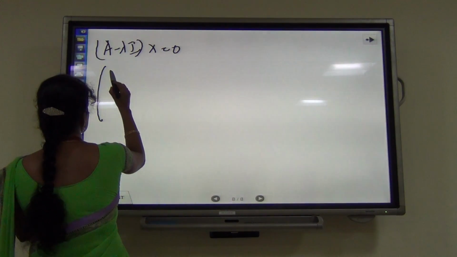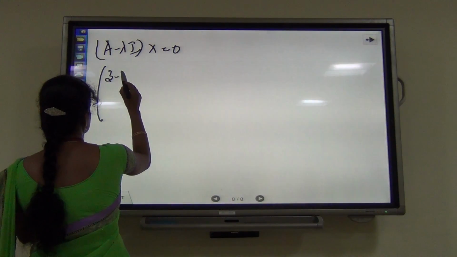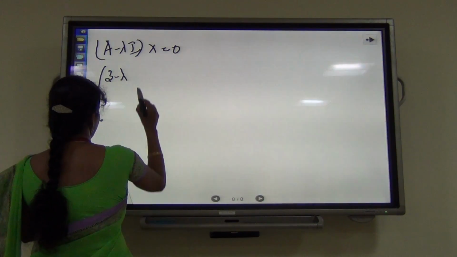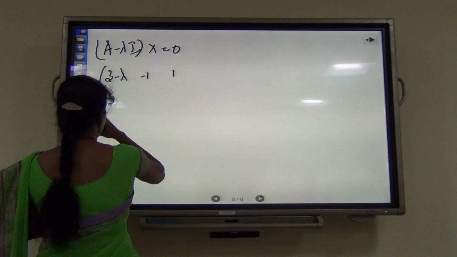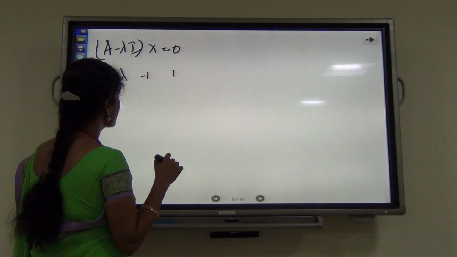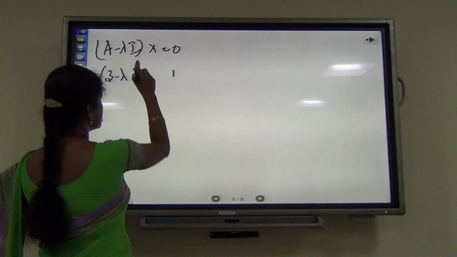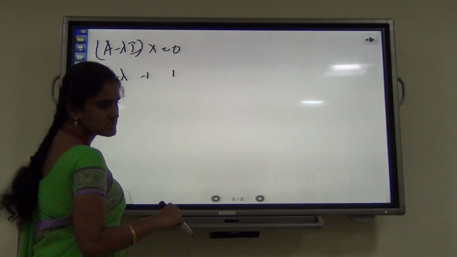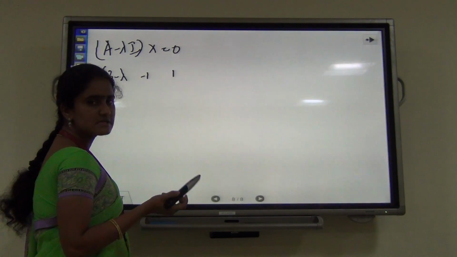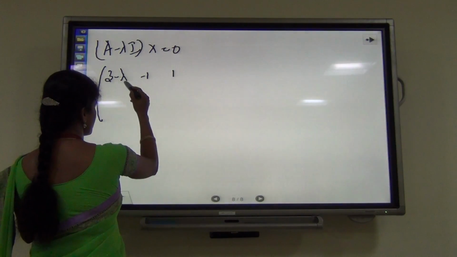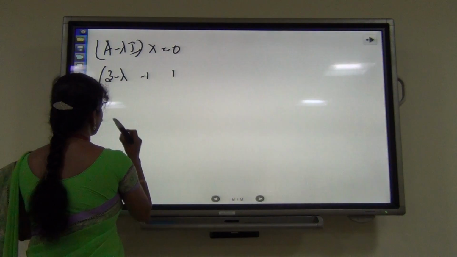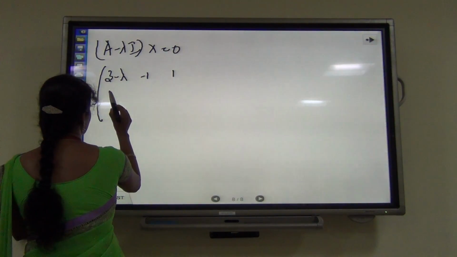A is 3 minus lambda. We are going to subtract only the diagonal entries because I is an identity matrix of 3 cross 3. Since A is a 3 cross 3 matrix, I is also 3 cross 3. So you will have changes only in the diagonal entries. The other elements I am going to write as they are.